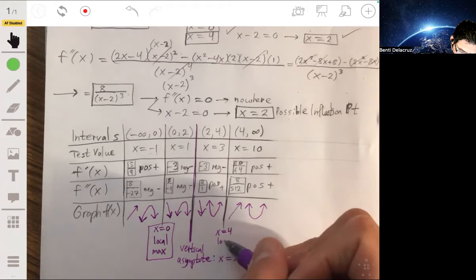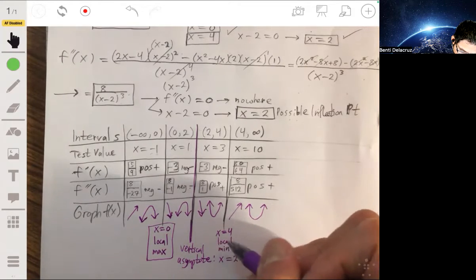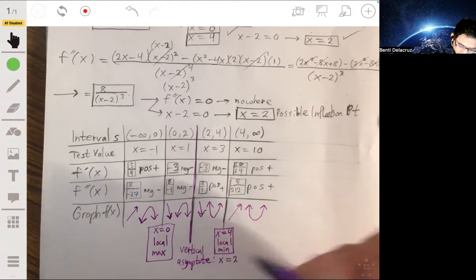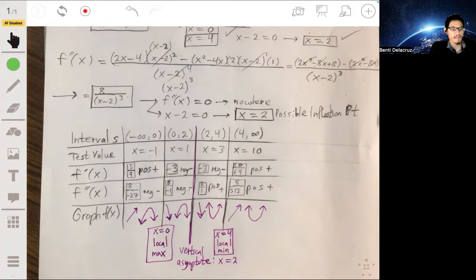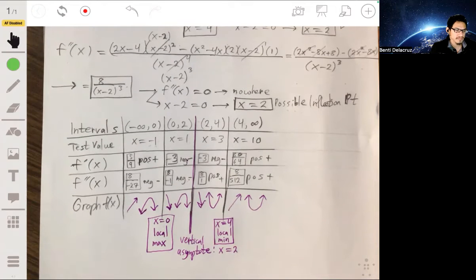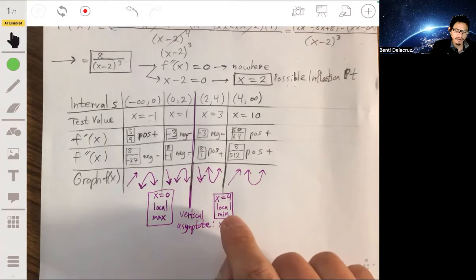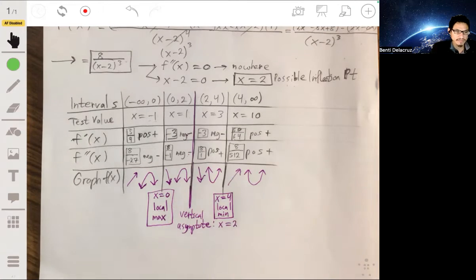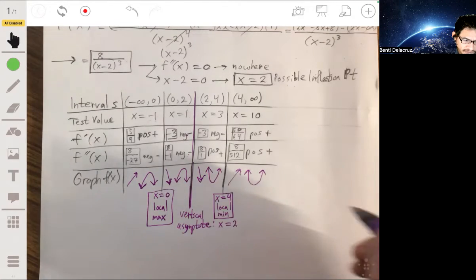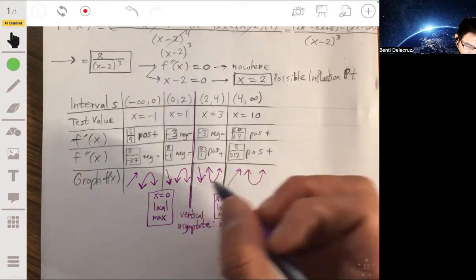So you're going to have a local min at x equals 4. Let's find the actual y values of the local max and local min, just to make this easier to graph.